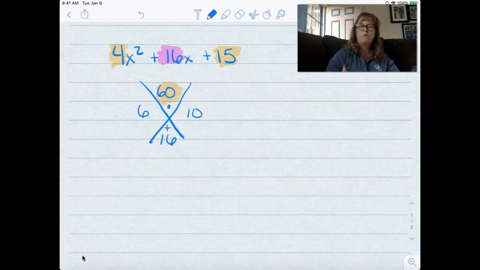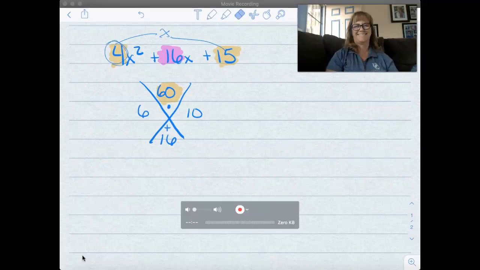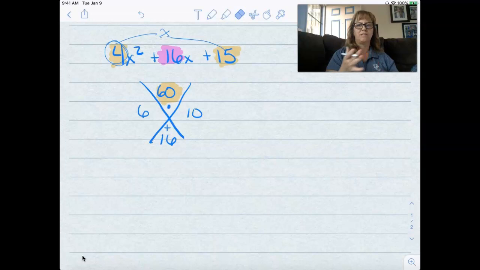So see here, the only difference is that we now have to multiply these two numbers in order to get what goes in the top. Okay, so now that we have this, we've got to do a new step.